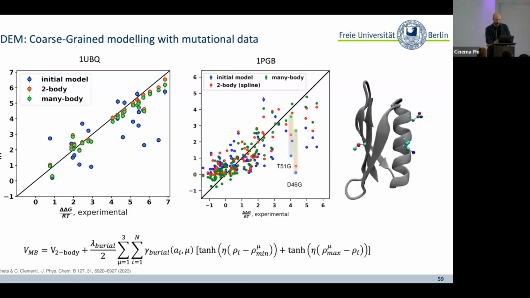But for protein G, the multi-body terms are necessary in order to improve this kind of prediction. So here we really need multi-body terms. Of course, again, these results are not extremely good, let's say, but this is because we use only a fixed functional form for our coarse-grained potential. So we are now working on the application also here of a neural network potential in order to improve these results and to make them more useful.